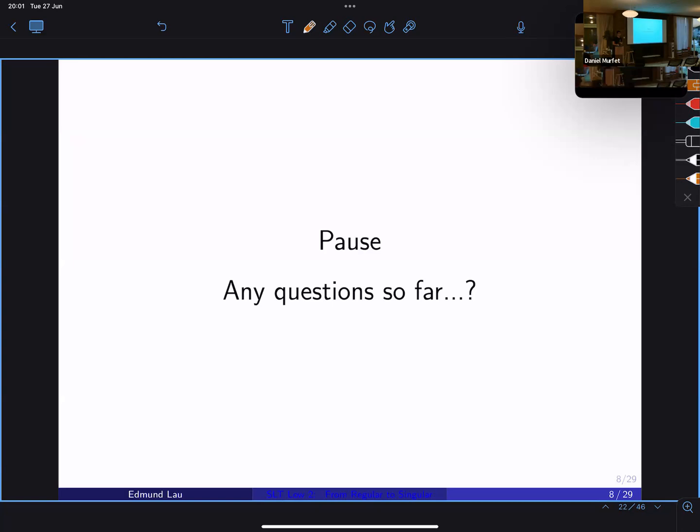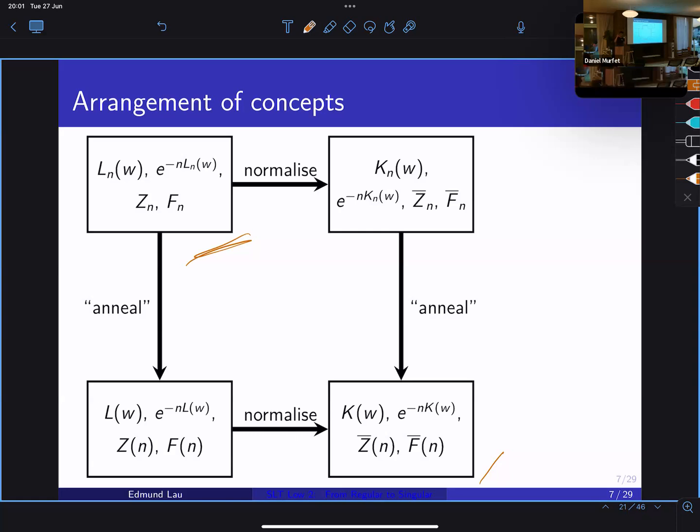Yes. Why do you call it annealing? I put a quote there. I am not very confident that the name is really good, but it is a gesture towards the statistical mechanics of disordered systems. In an alloy, say steel, you have ions, and then you randomly put in carbon atoms. The carbon atoms are like your data, the randomness of where you put them. And K_n is the energy of a fixed carbon placement.